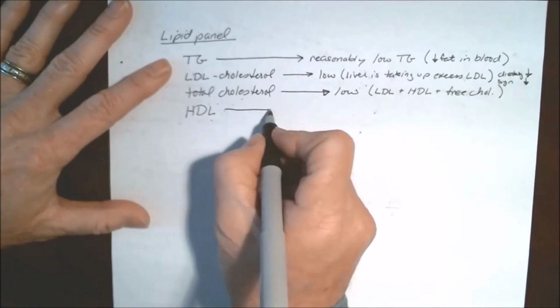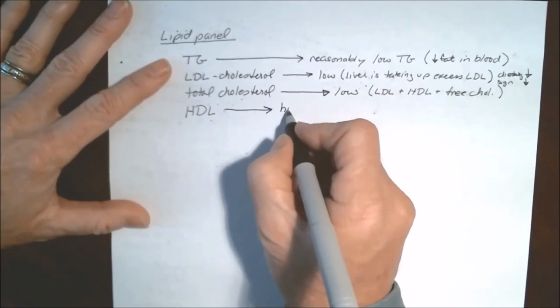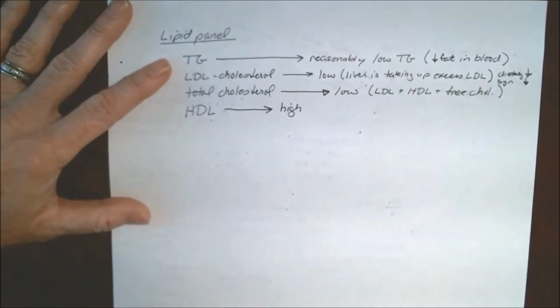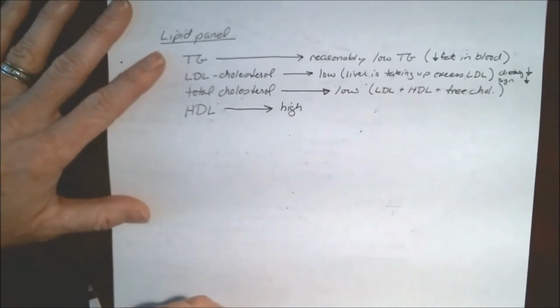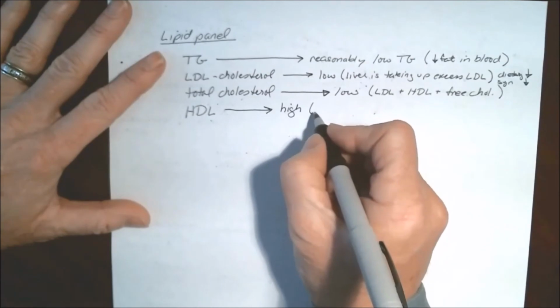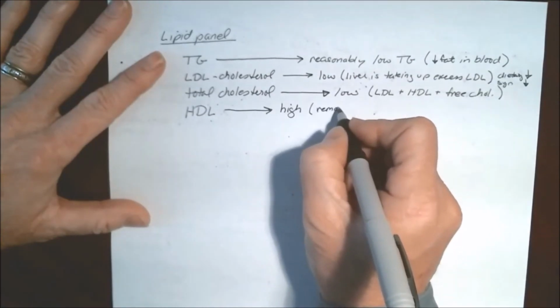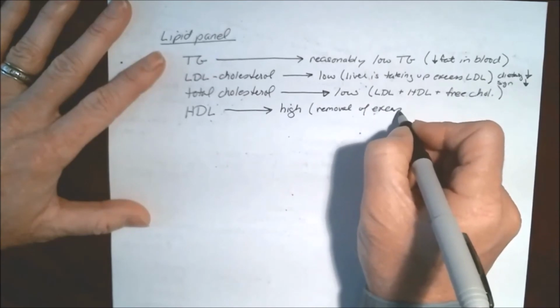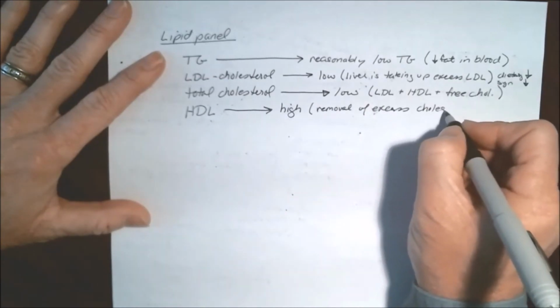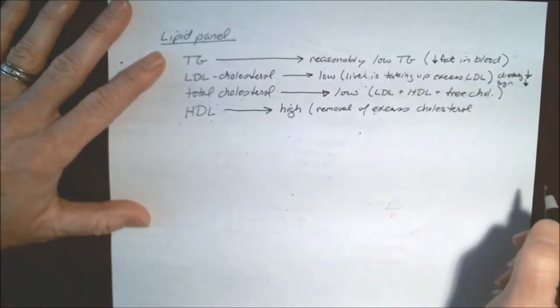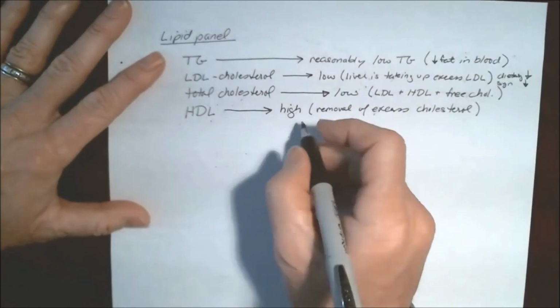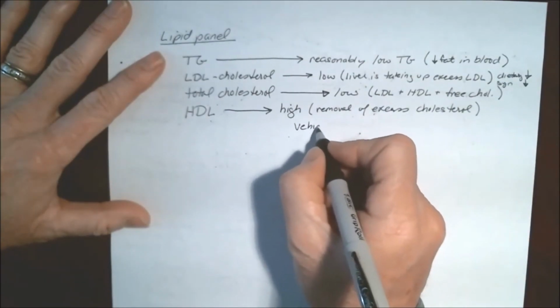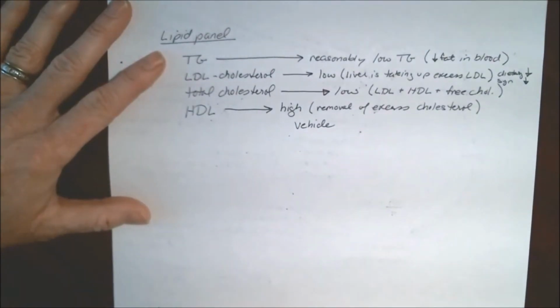Now in your lipid panel, the HDL should be high. And what does high mean? As high as you possibly can get it, because this is going to be involved in removal of excess cholesterol. This is the vehicle to remove cholesterol.